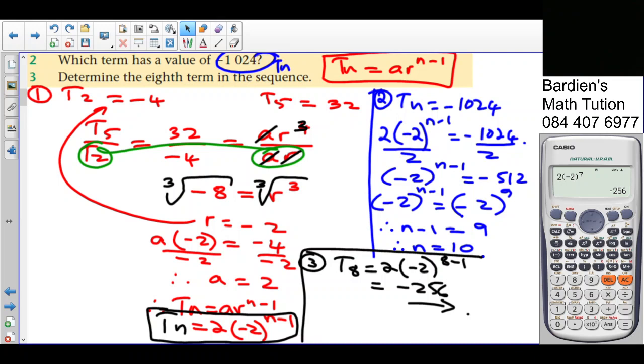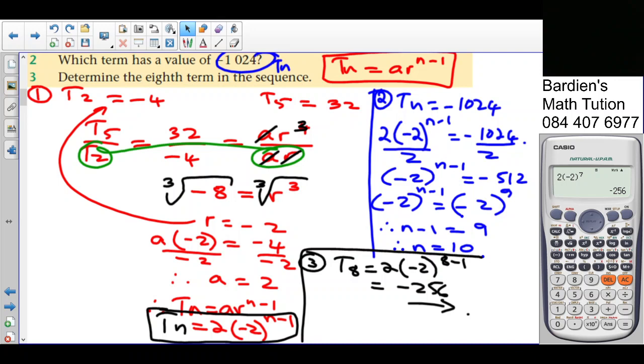So we are saying that T2 is negative 4 and T5 is 32. But what's the general term formula for geometric patterns? Tn is equal to A R to the n minus 1. That's all.